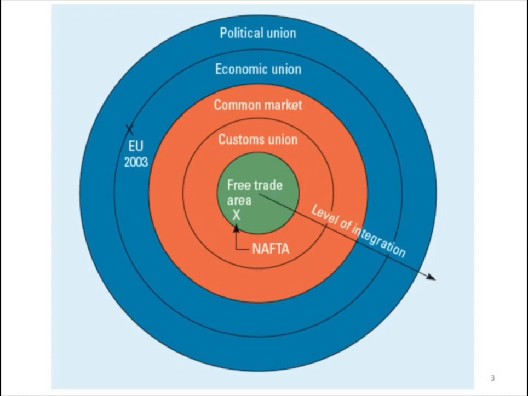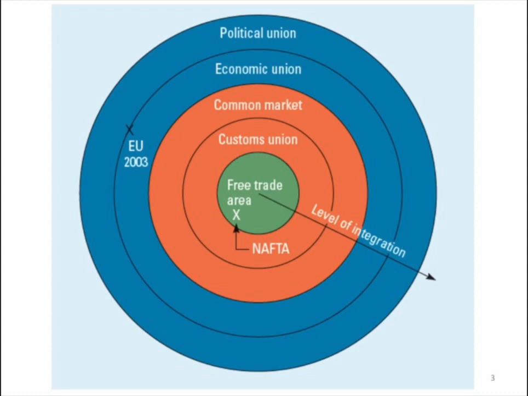You can see here the degree to which those integration can be structured. We start with free trade agreements in the middle, and then we move out on the circle with the level of integration increasing as we move out.